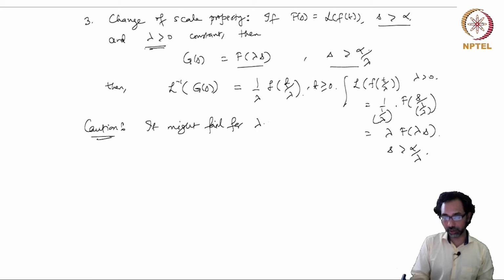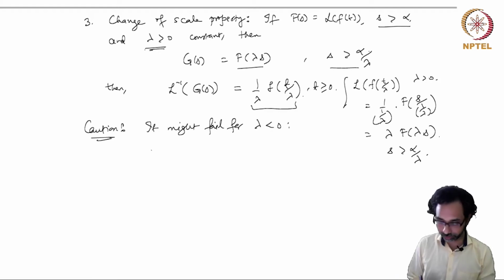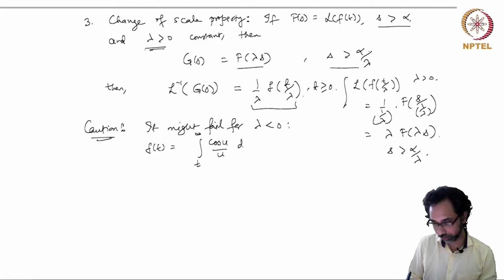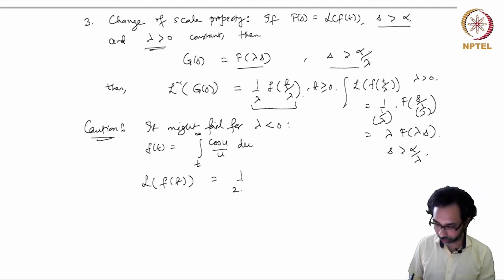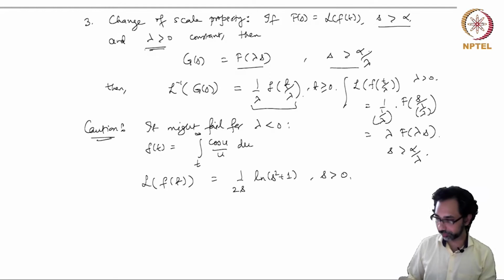If we take the function f(t) given by the cosine integral, the integral from t to infinity of cos u over u du, then we have seen that the Laplace transform of this function is given by 1 over 2s ln(s square plus 1), defined for s greater than 0.